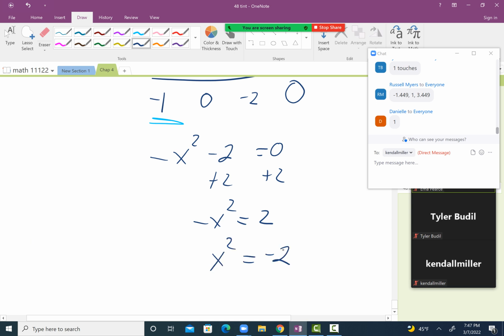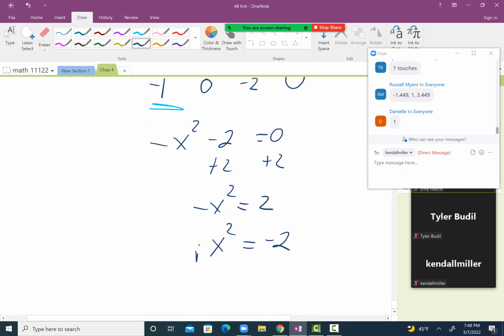Okay, so I'll stop for a second so you can see kind of what we did there. Okay, so now all we got to do is take the square root, right?